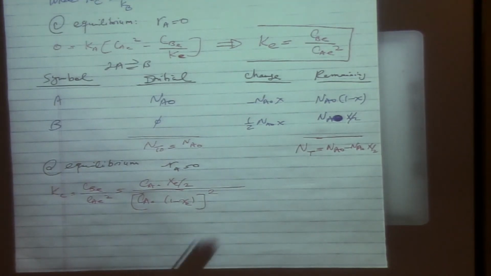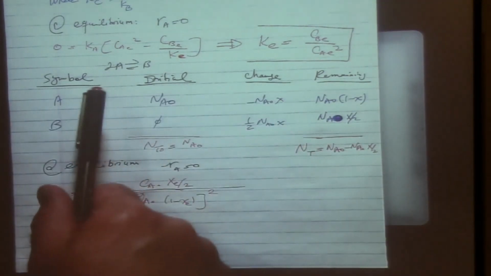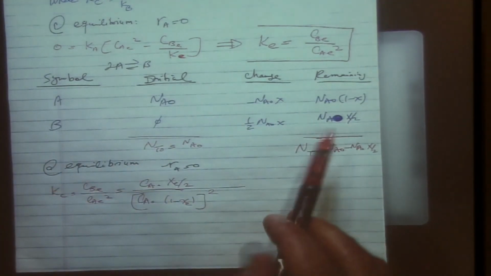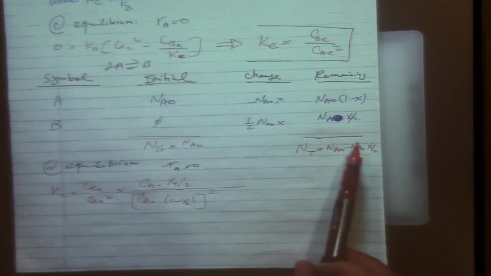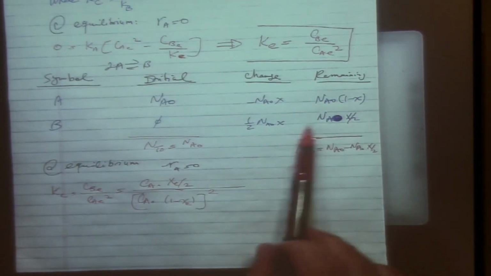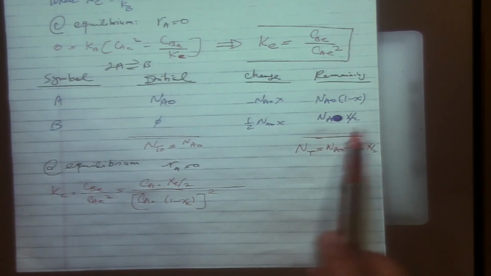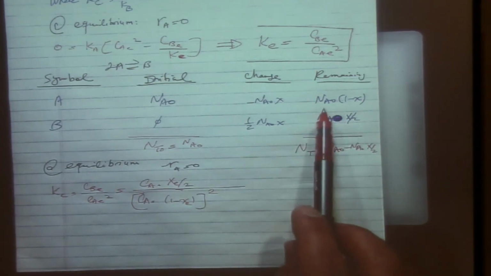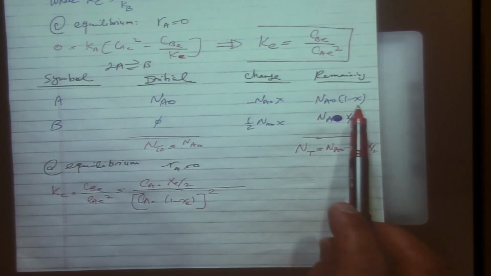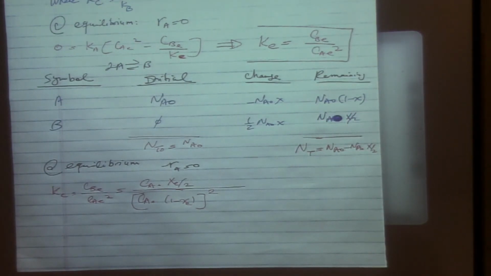Keep in mind that this is a constant volume, correct? Therefore, if you divide these moles by the volume, it doesn't matter the initial or the final volume, that gives you the concentration. The mole over the volume is the concentration. So this is going to be Ca0 Xe over 2, and Ca0 times (1 minus Xe) would be the final concentration, because in this equation we are dealing with concentration, which is given as data.